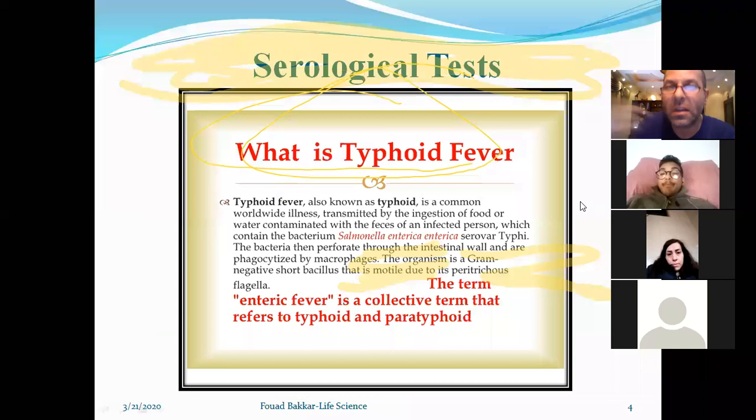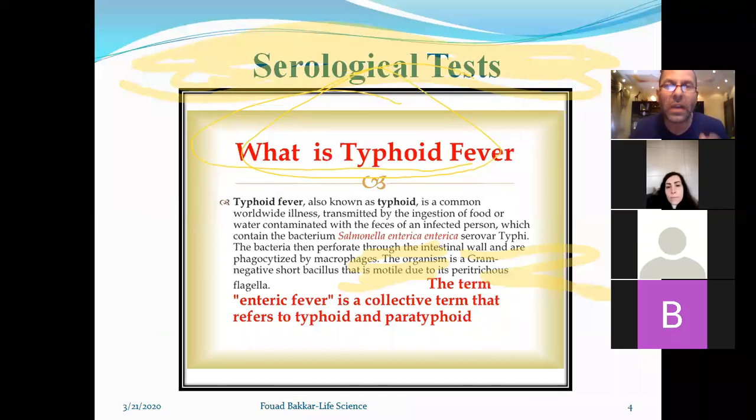Yesterday I mentioned quickly the case of typhoid fever. When we talk about typhoid fever, we're talking about a case when your body is infected with a bacterium called salmonella.